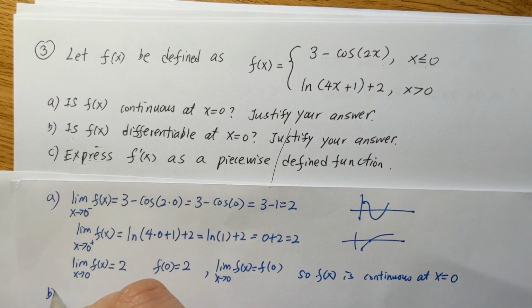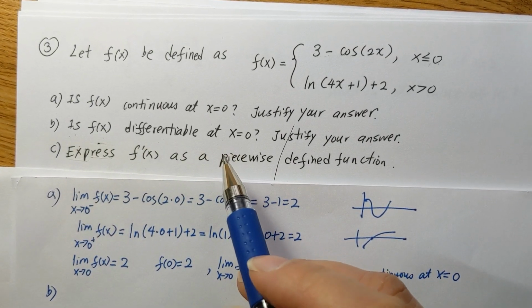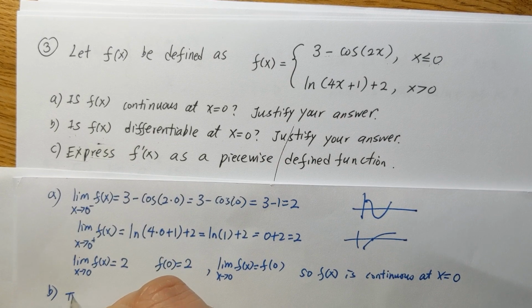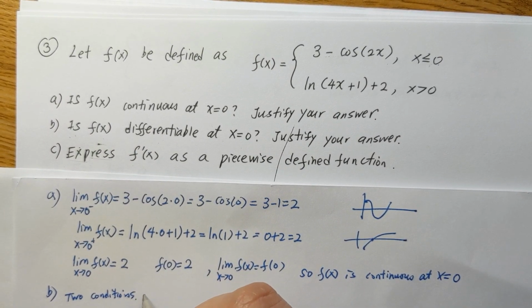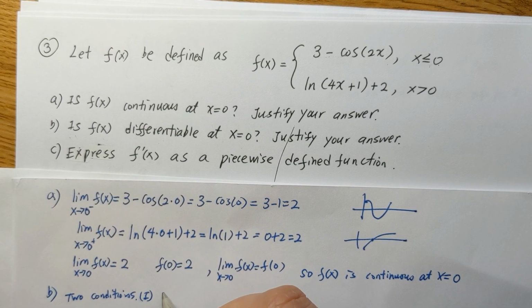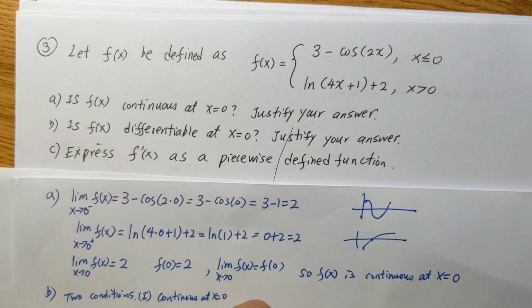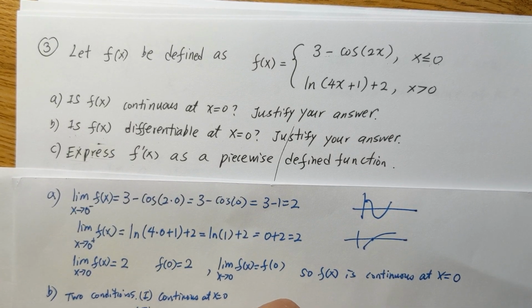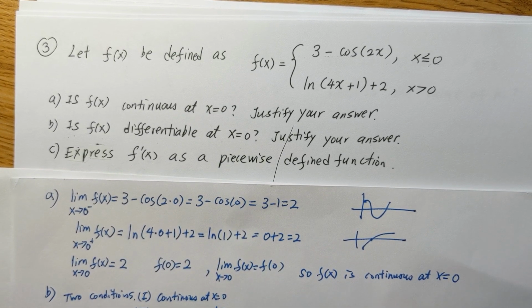Now let's take a look at part B. Is f of x differentiable at x equals 0? Differentiable has to meet 2 conditions. 1. Continuous at x equals 0. 2. Left hand slope equal to the right hand slope at x equal to 0.